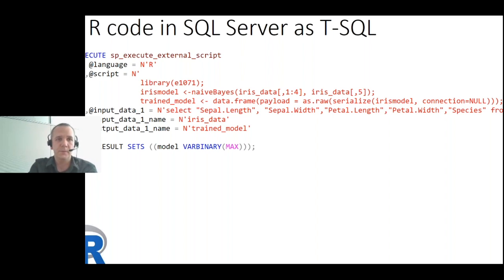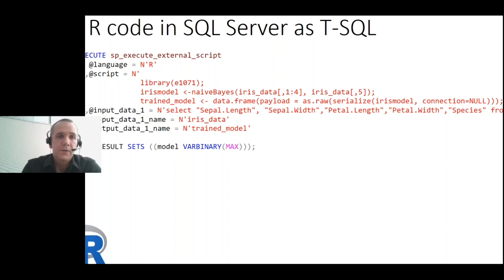It is run through external procedures, so you have a couple of parameters which you need to define. Under the parameter script, you will see that you have to define the R code, which in a corporate environment can be prepared by data scientists and used by data engineers, DBAs, so whoever is going to do any kind of data analysis.